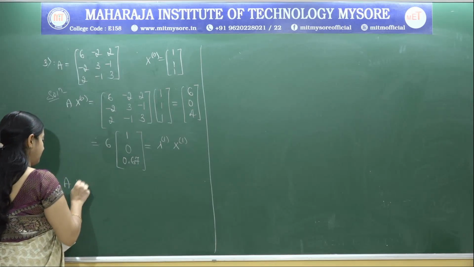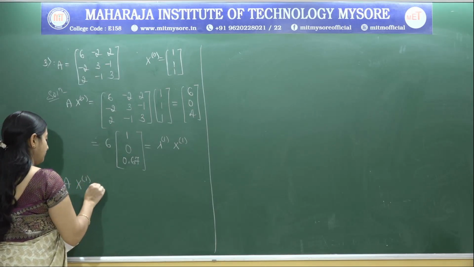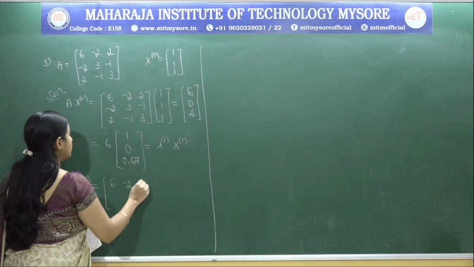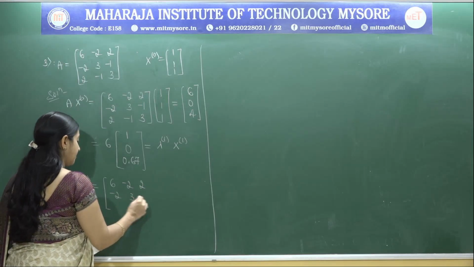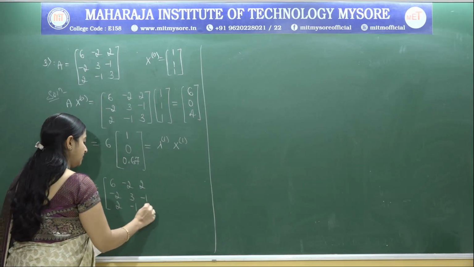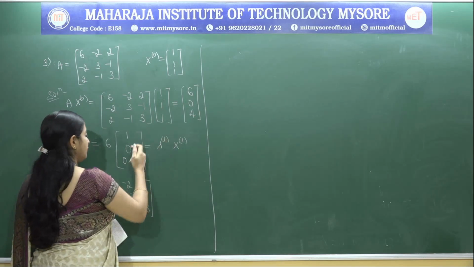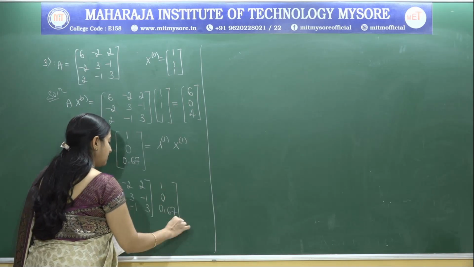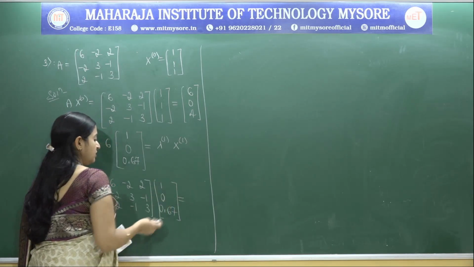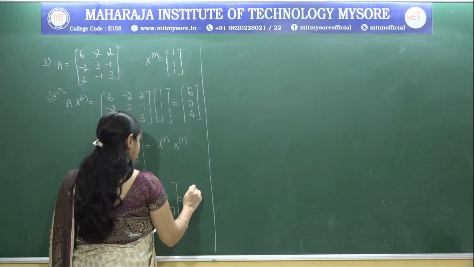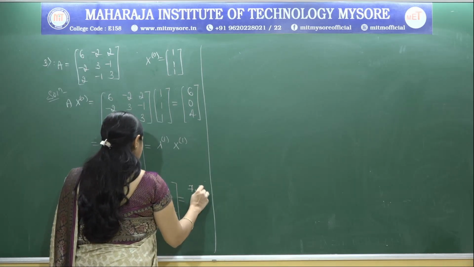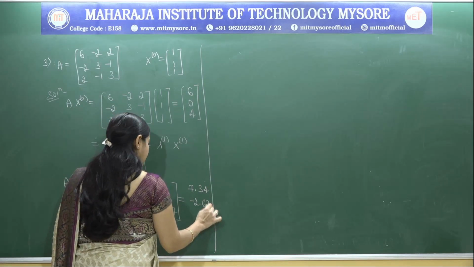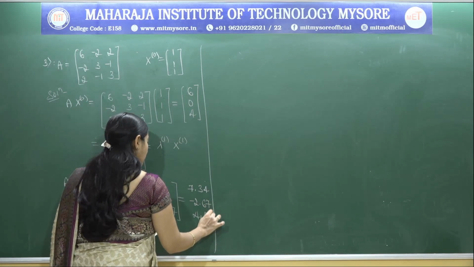Same for the second one, take the matrix multiplication of A with x of first iteration: 6, minus 2 and 2, minus 2, 3 and minus 1, 2, minus 1 and 3 with x of first iteration 1, 0 and 0.67. You take the matrix multiplication in your calculator, you will get 7.34, minus 2.67, next 4.01.